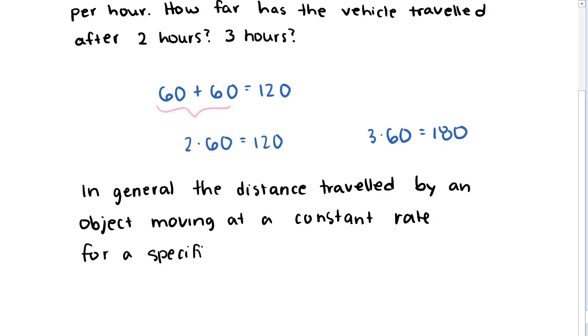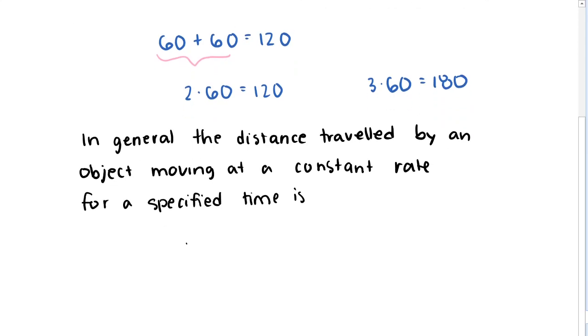So this is kind of a long definition, but let me really just work through this. For a specified time, the distance is equal to rate times time. So I said, in general, the distance traveled by an object moving at a constant rate for a specified time is the rate times time multiplied together. That's what gives us our distance.